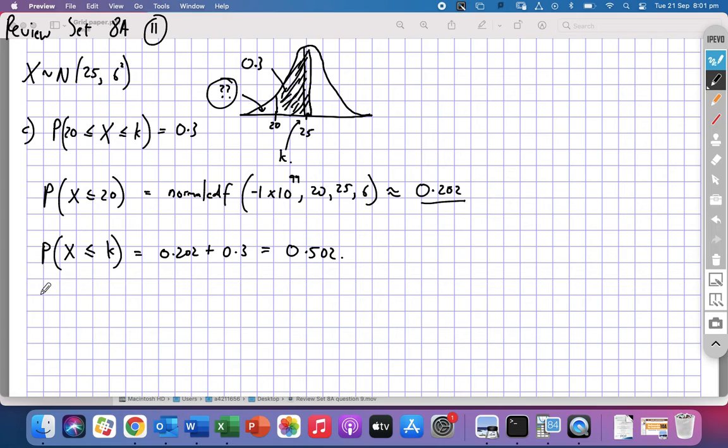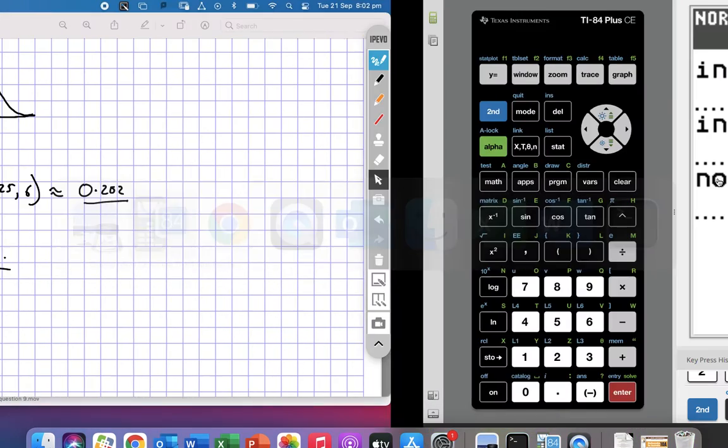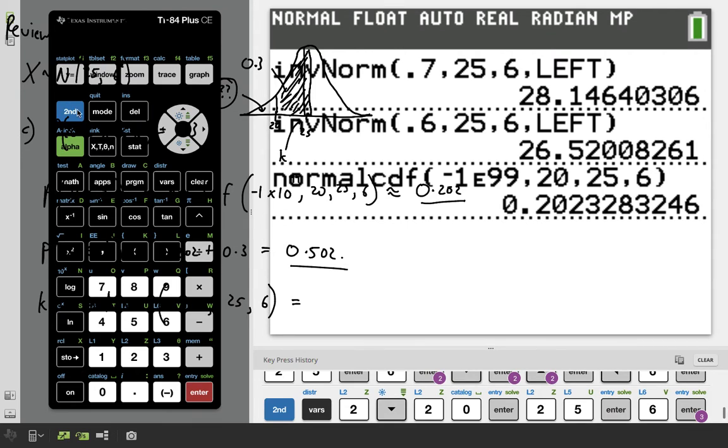So we need to find k using inverse norm, using this probability value that we've got now, which is just over 50%. So mean, standard deviation, and we're going to get a k which is pretty close to 25 but slightly bigger. So we're going to inverse norm.